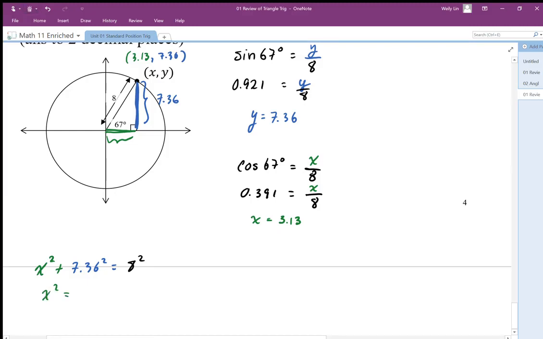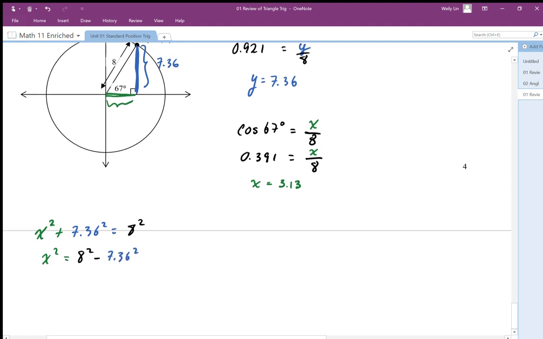So plugging this all in, 8 squared minus 7.36 squared, solving for x.